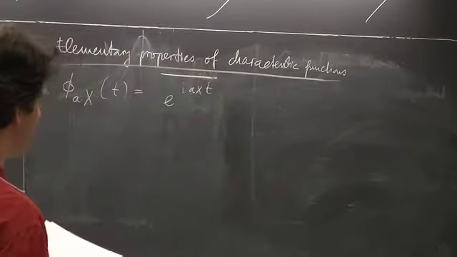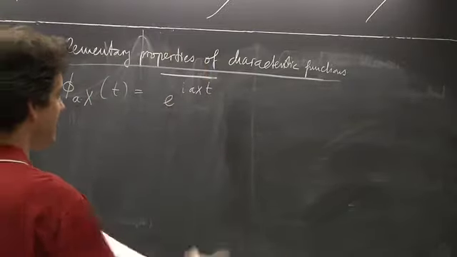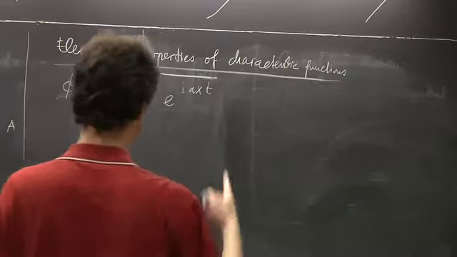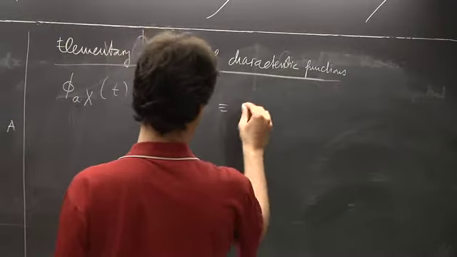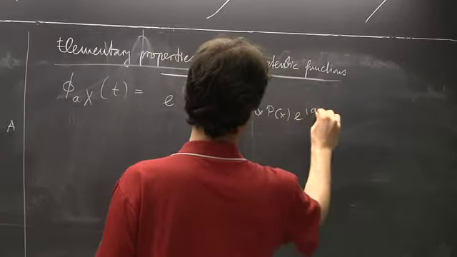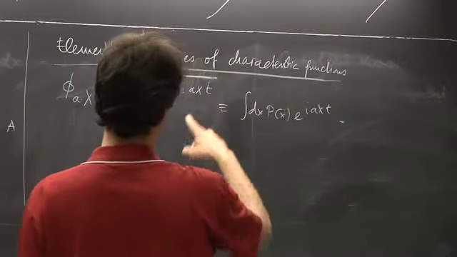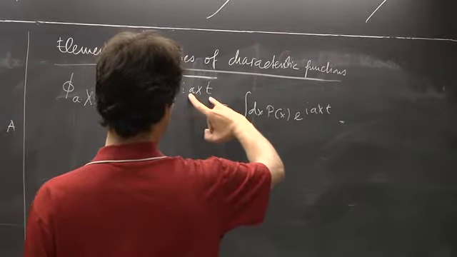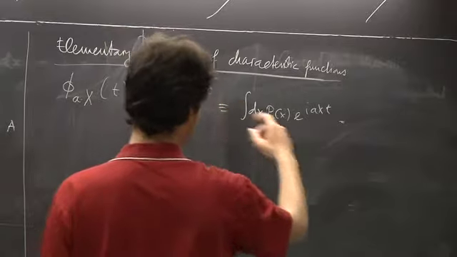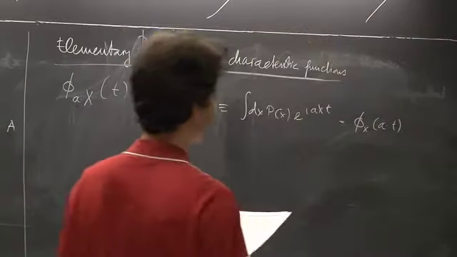Averaged, meaning integral over p(x) dx of this thing. And this is, of course, nothing else than the characteristic function of x at the argument a times t, right? It's very simple.